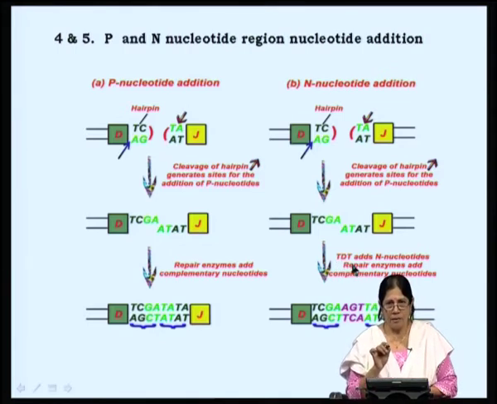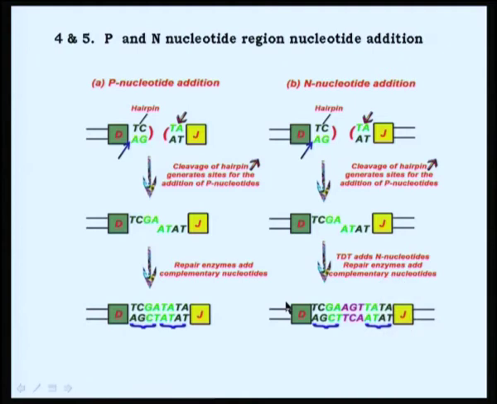You might remember from my first lecture that TdT is a marker for B cells and T cells. Immediately you would realize that this enzyme has the capacity to add new nucleotides.